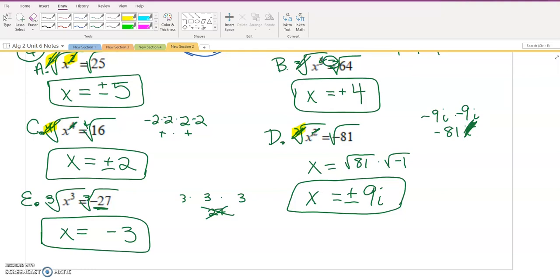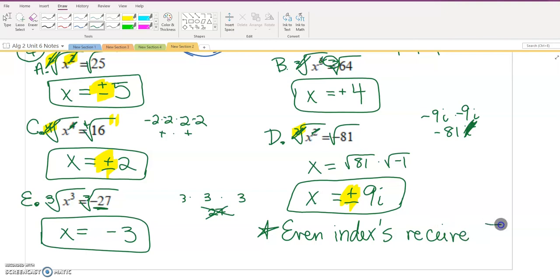You get a plus or minus. So if you want to make yourself a note, even indexes have the plus or minus. That way you don't have to check it every time. You can just know even indexes receive the plus or minus symbol.